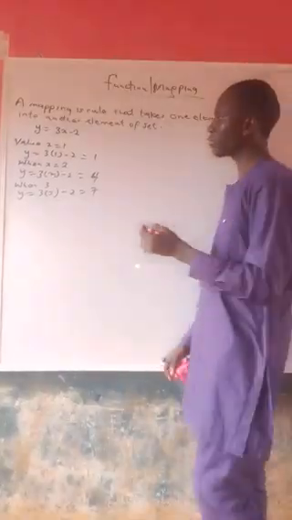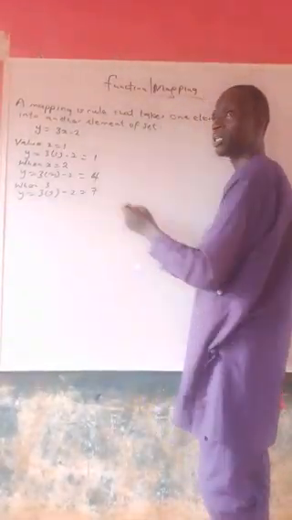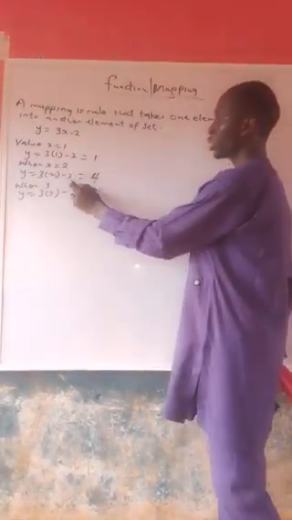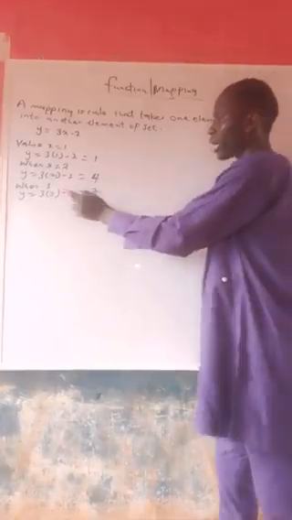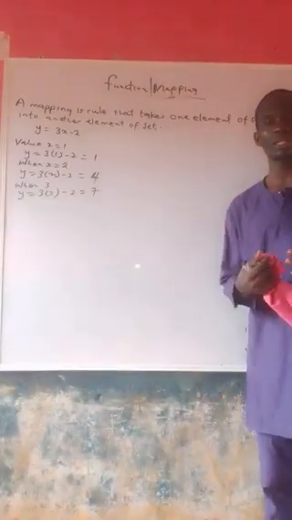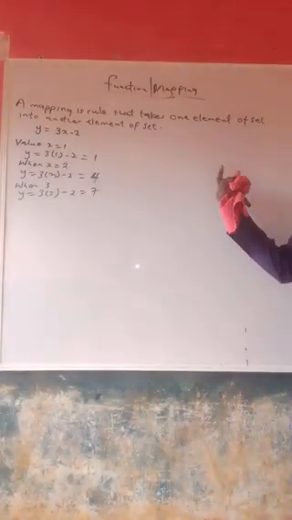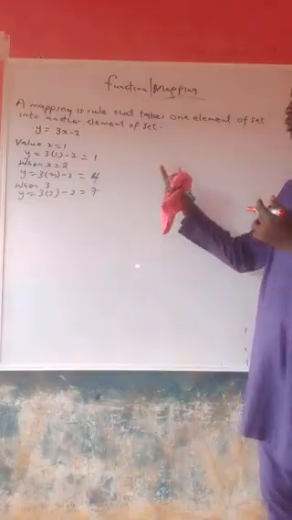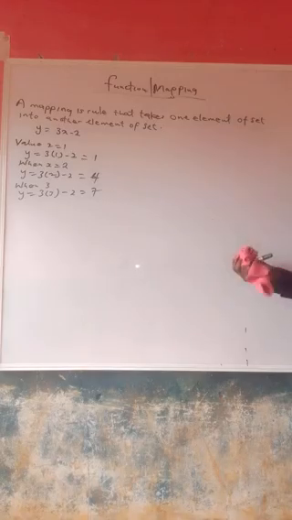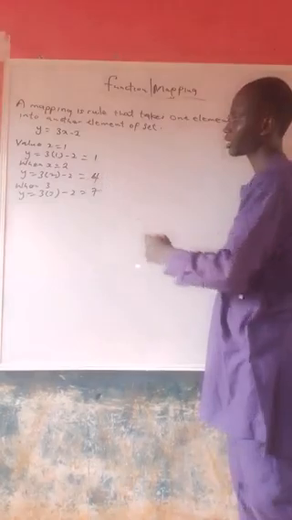So when we have input 1, the output is 1. When we have input 2, the output is 4. When we have input 3, the output is 7. Whenever you insert real numbers into this function, the output of y for each real number will differ.